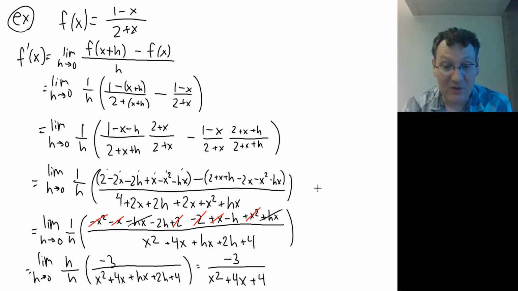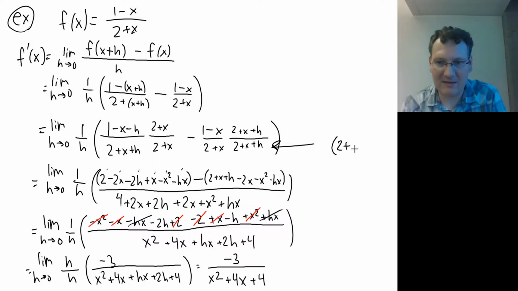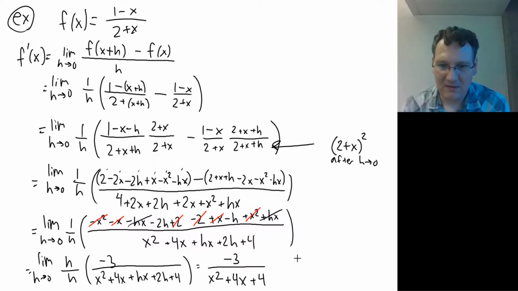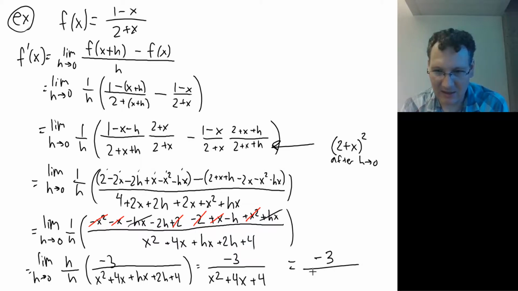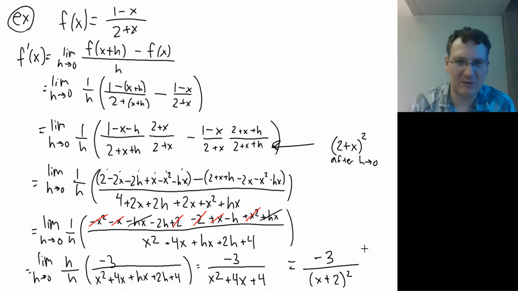I realize after doing this that actually I could have not distributed out the denominator, because I would have just gotten 2 plus x squared after h goes to 0. So we could have had a little less pain. It would be x plus 2 squared in the denominator. But either way, we got our derivative.